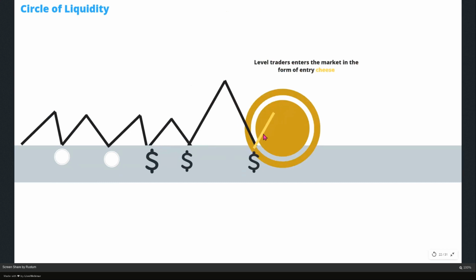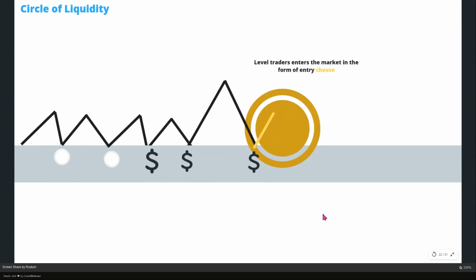He comes in, and the level trader forms the entry. They are looking to go long and their targets are up here somewhere. So he is in the market at the level. He's traded based on what has happened here in the past that made him assume that this is a good level.